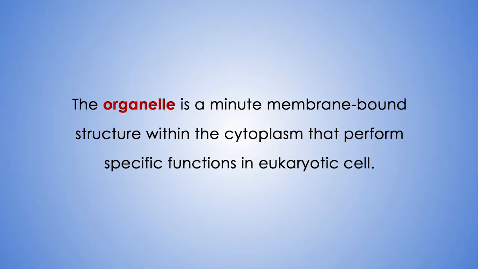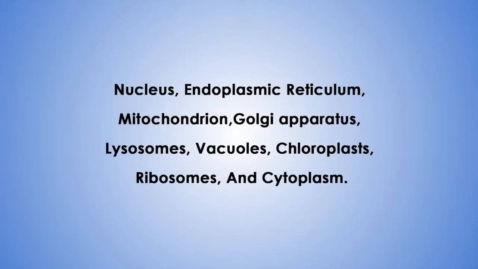The organelle is a minute membrane-bound structure within the cytoplasm that performs specific functions in a eukaryotic cell. The organelles include the following: nucleus, endoplasmic reticulum, mitochondrion, Golgi apparatus or Golgi bodies, lysosomes, vacuoles, chloroplast, ribosomes, and the cytoplasm as the space.